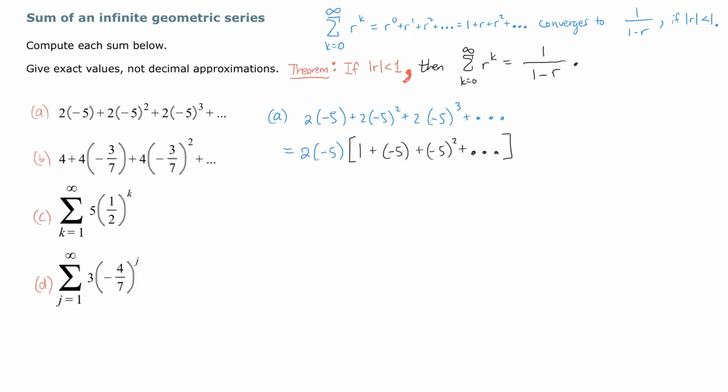So this is now equal to negative 10 times this geometric series, where negative 5 is the common ratio, and I'm going to use k. There it is.